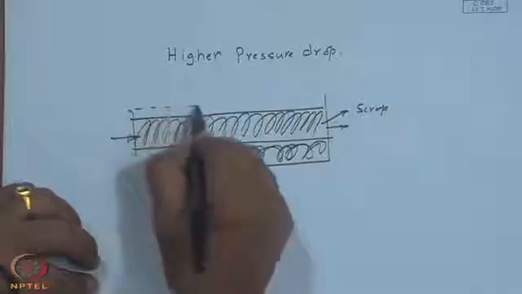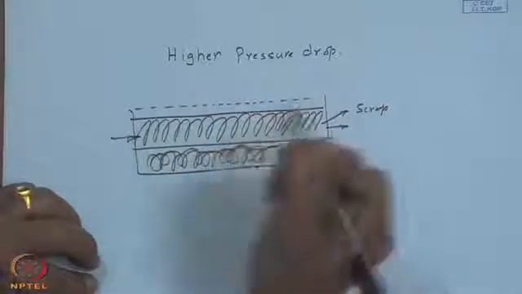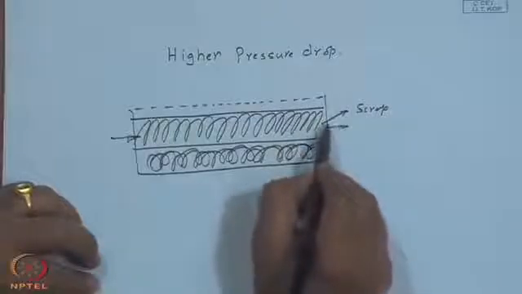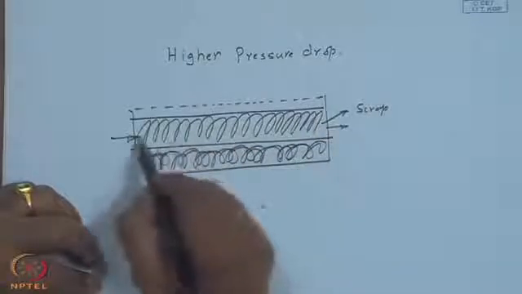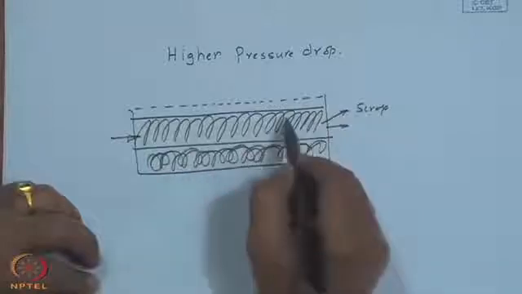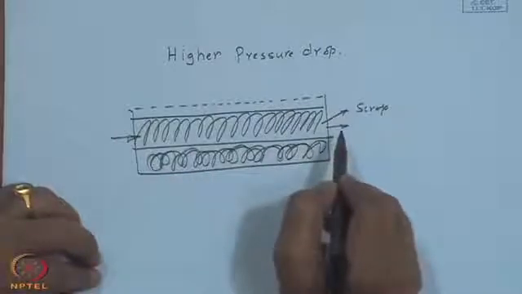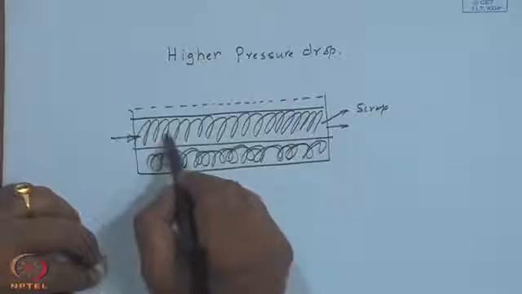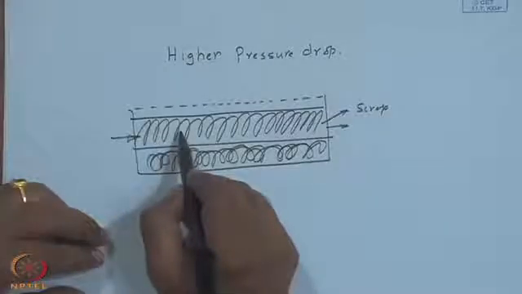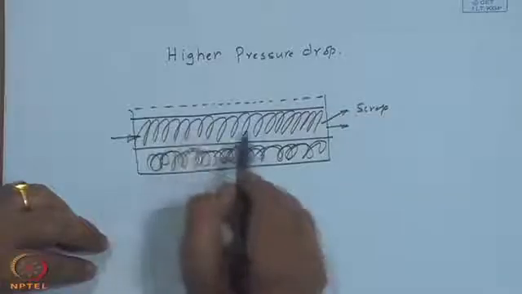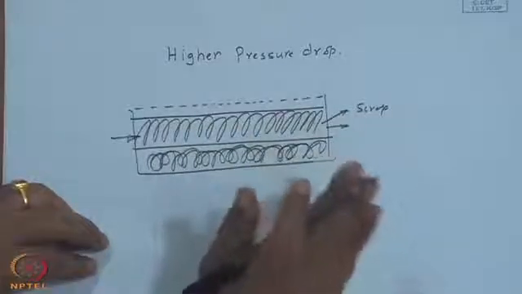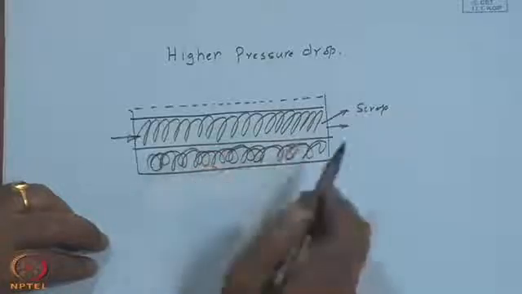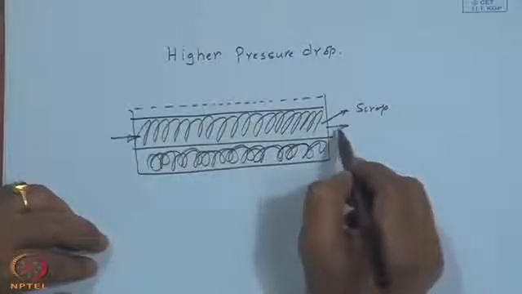Of course, you can have one glass cover. Now, this has got the advantage that the fluid will be going up and down and there will be better heat exchange. At the same time, you have the disadvantage that the heat capacity will be very large. The collector to get heated to that warm up temperature that we were talking about will take longer, and pressure drop will be enormous.